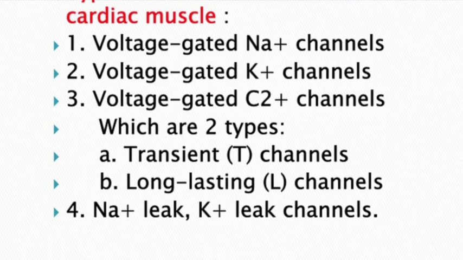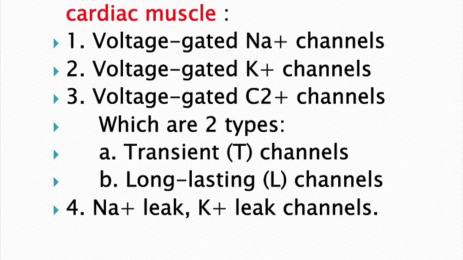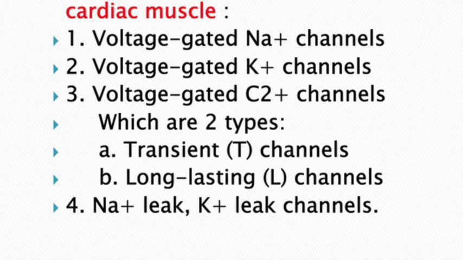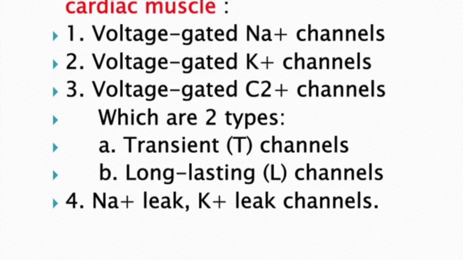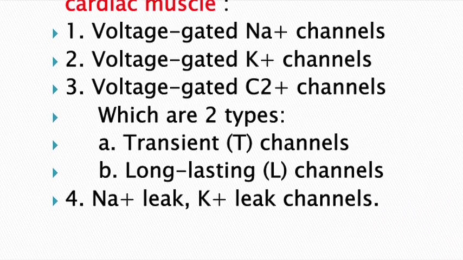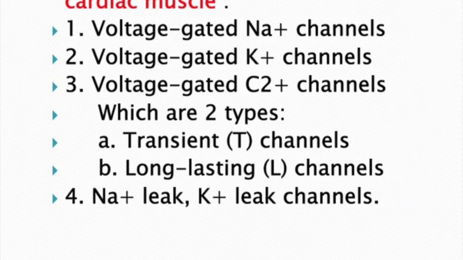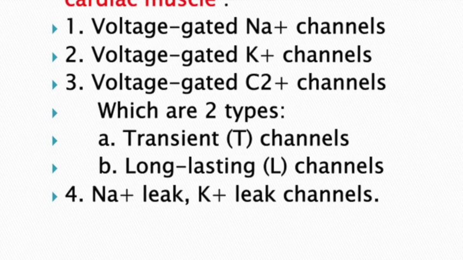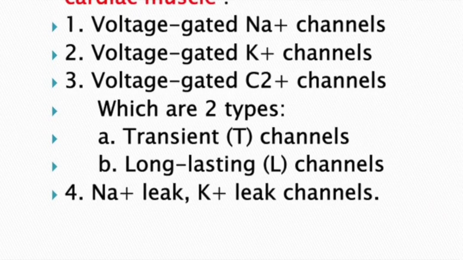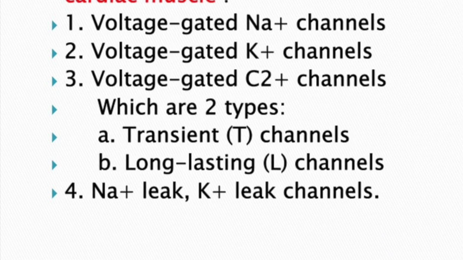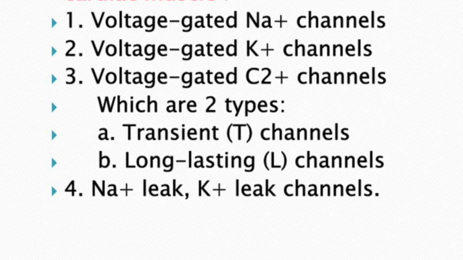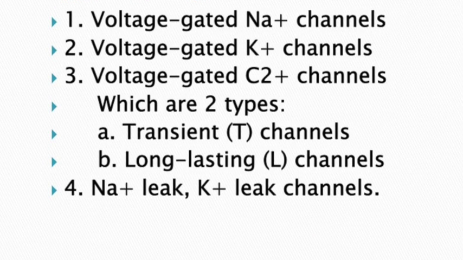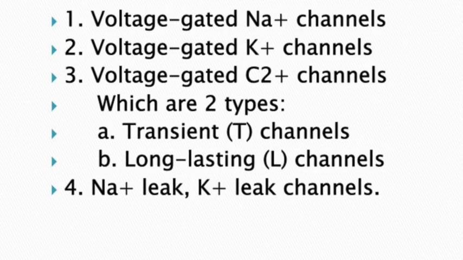Transient means that it will open and close very rapidly, while the long-lasting will remain open for a longer time. But you have to keep in mind that we also have sodium leak and potassium leak channels, meaning that they have no gates. The ions can move freely through these channels.